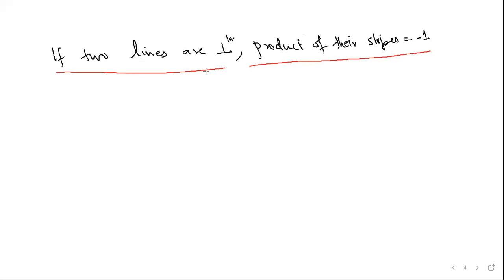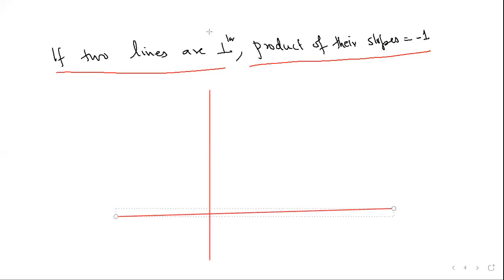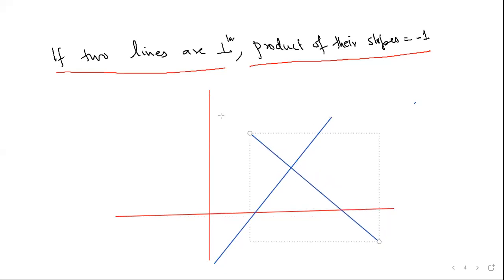Draw the x and y axis. Now draw 2 lines which are perpendicular, one like this and one like this. Mark one of them as theta 1 angle.